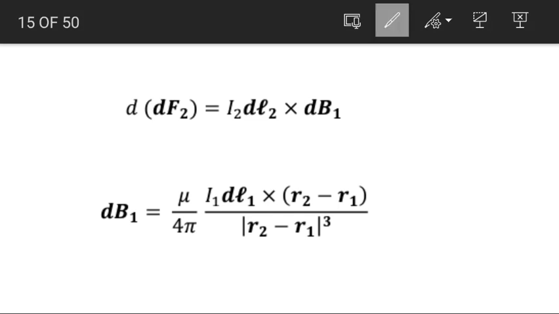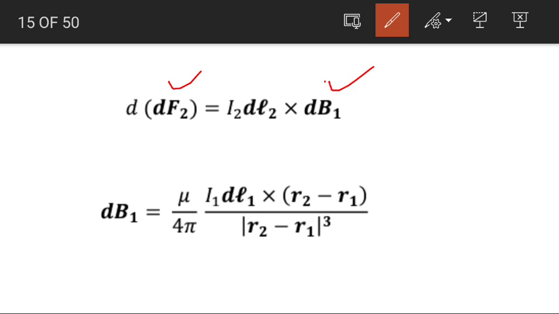Now, the differential force which is experienced by the small portion of the second conductor due to the magnetic flux density generated by the small portion of the first conductor is given by the first equation of this particular slide.